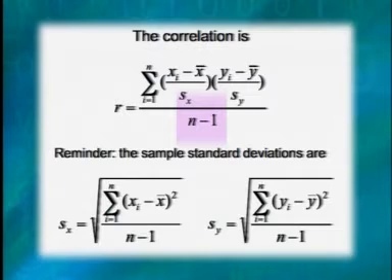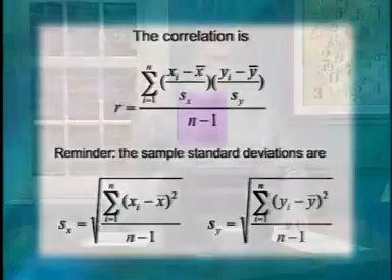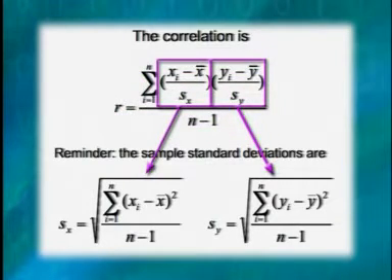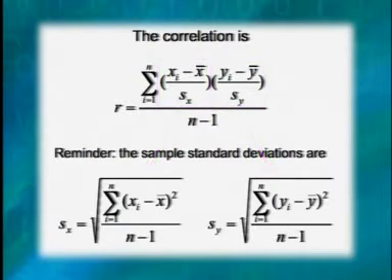There's a slightly technical reason why we divide by n minus 1 instead of n. But morally speaking, this is just an average, the mean of this product. And this is traditionally called r, and this is the technical definition in statistics of the word correlation. So this is the correlation of two data sets, X and Y. And these down here are just reminders of the definition of the standard deviations for the two data sets.